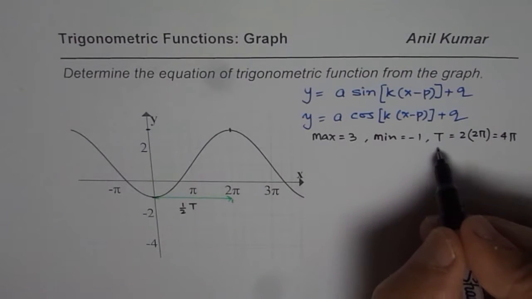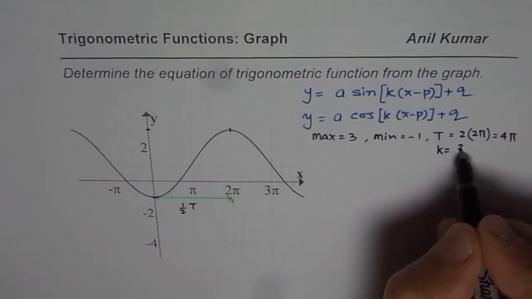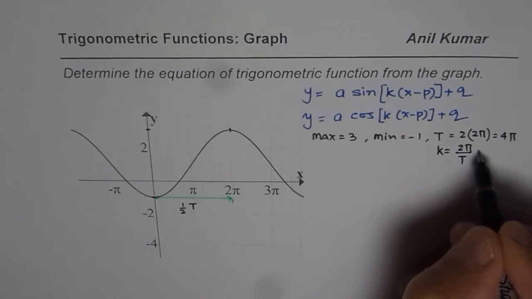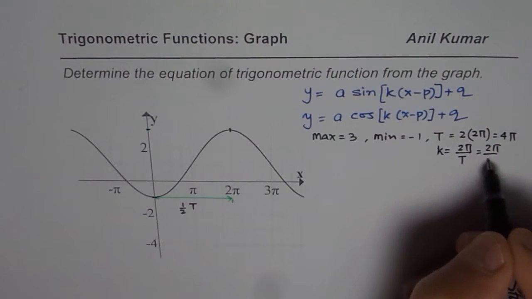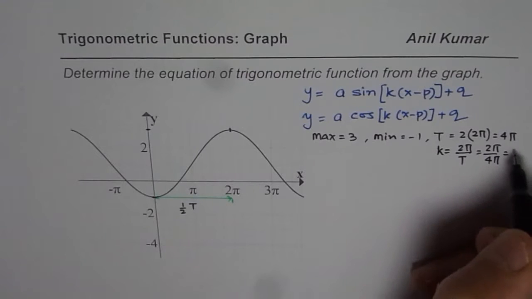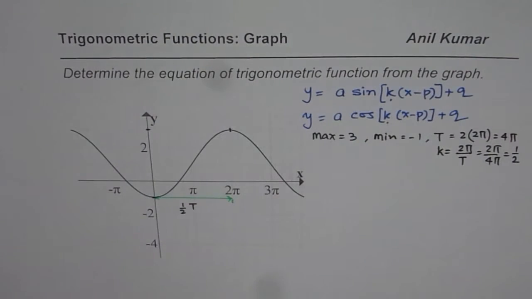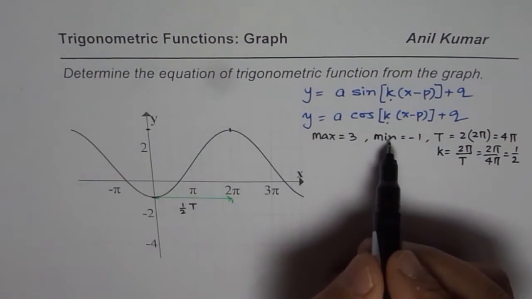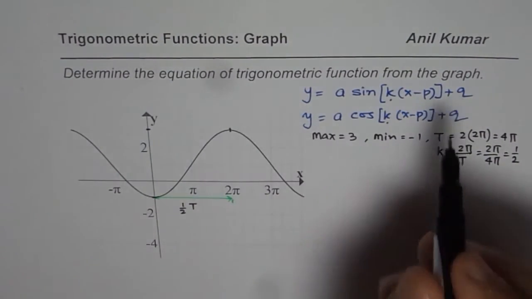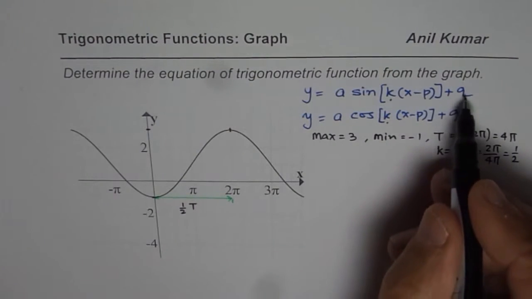Now from the time period we get the k value. So k is 2 pi by T, which is 2 pi by 4 pi, which is half in this case. As I said, from maximum and minimum we can get the amplitude and the vertical translation, or the axis.